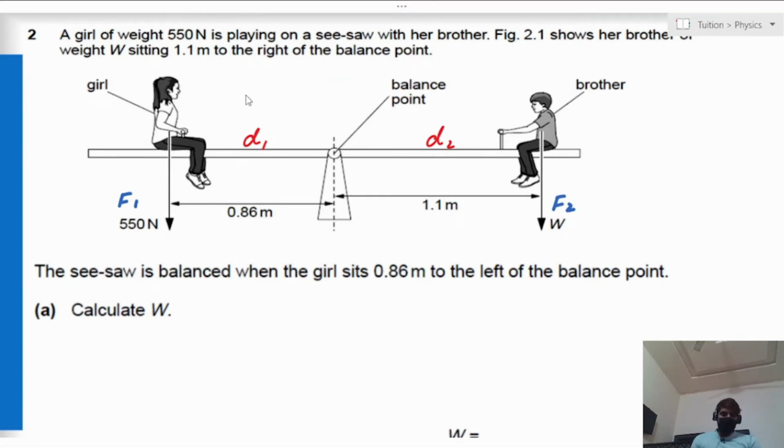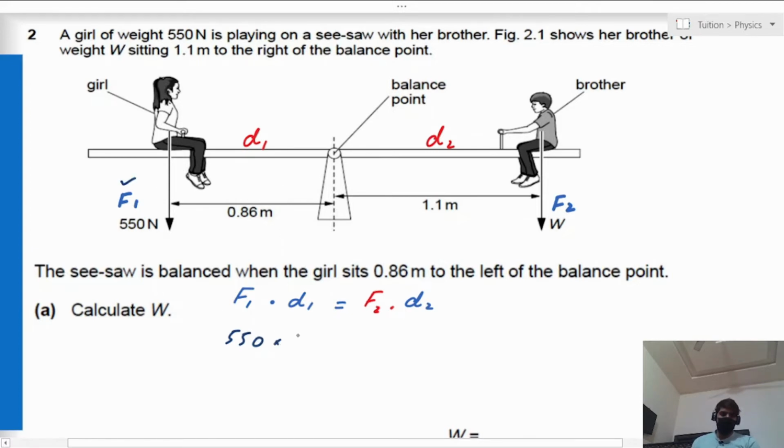So let us write down the formula once again. F1 into D1 equals F2 into D2, and F2 is something that you need to calculate. And in the next step, you can simply insert the values. Instead of F1, we write 550 from here.